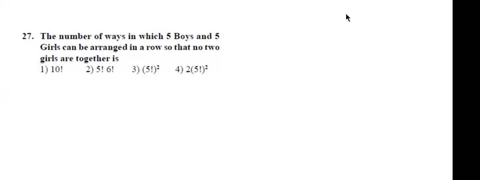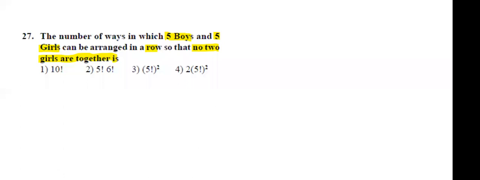See the 27th question. The number of ways in which 5 boys and 5 girls can be arranged in a row so that no 2 girls are together. No 2 girls are together means the condition is on girls.